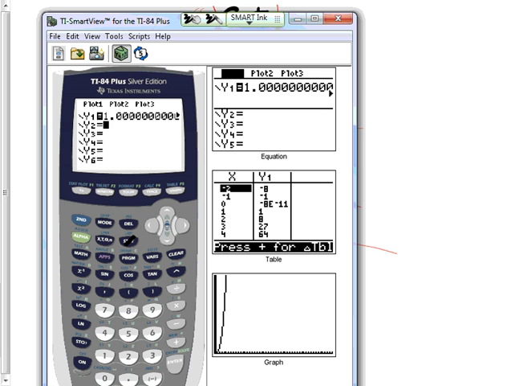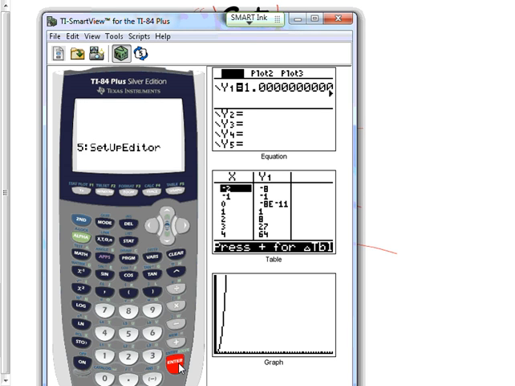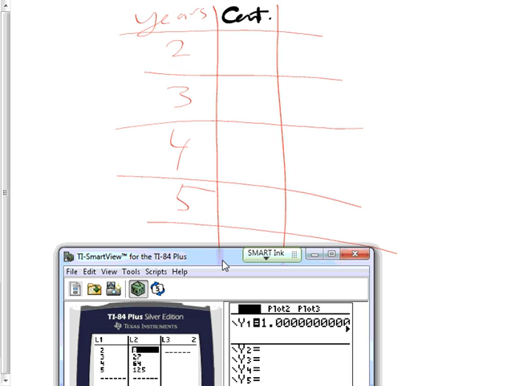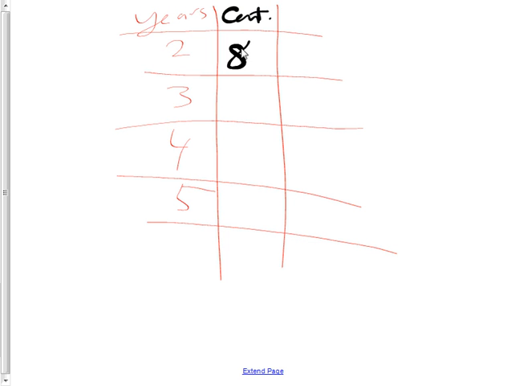In stat edit, year 2 had 8, and then it was 27, and then it was 64, and the last one was 125. Then I could ask you, when would you expect them to have 500 centrifuges? Well, did I just give you an X, or did I just give you a Y? I just gave you a Y.